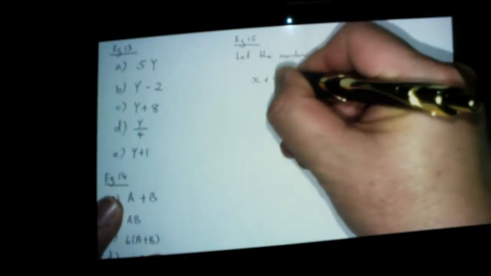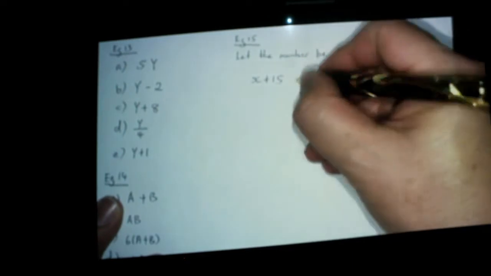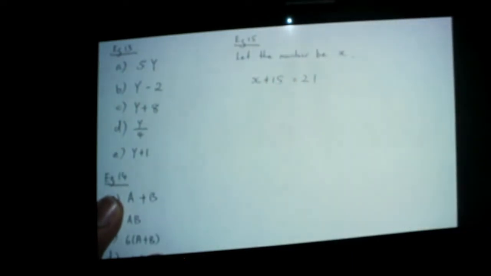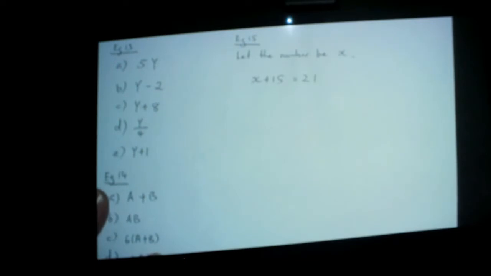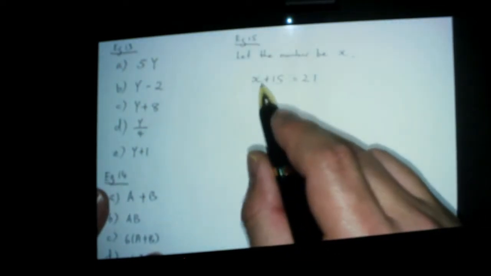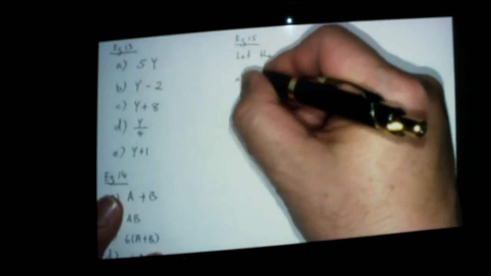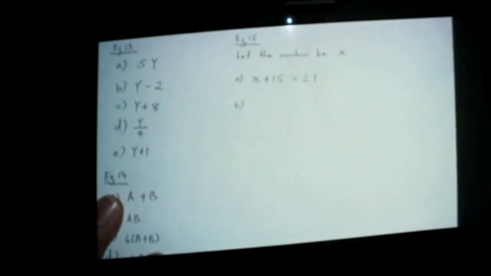This is just an algebraic expression to represent the number. So they say 15 is added to the number and the result is 21. So this is the algebraic expression. In the future, you will be taught how to find the value of x. But I guess most of you are able to find it by just looking at this equation. That's part A. Let's look at part B.